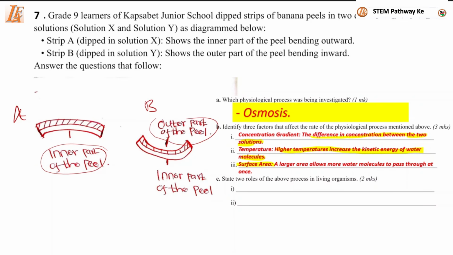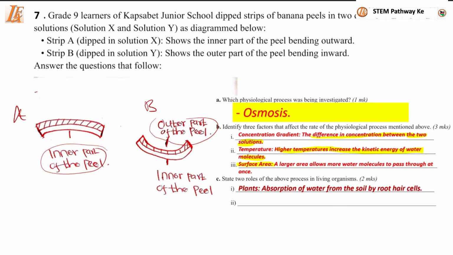Question C, state 2 roles of the above process in living organisms. Roles of osmosis in living organisms, we have very many of them, both in plants and animals. We're going to begin with plants, where it's used to absorb water from the soil by the root hair cells.